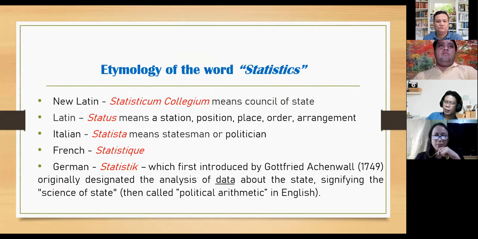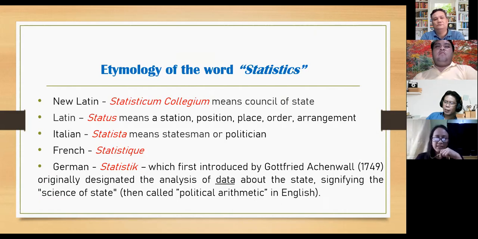So let's see the etymology of the word statistics. Statistics is derived from different words. In New Latin, statisticum collegium, which means council of state. In another Latin word, status, means a station, position, place, order, or arrangement. In Italian, statista, which means statesman or politician.